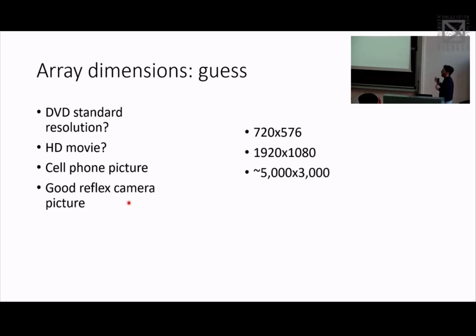So a decent smartphone nowadays has a resolution of 5000 times 3000 pixels. And if you take a top of the line reflex camera, you might get to some 13,000 times 10,000 pixels.